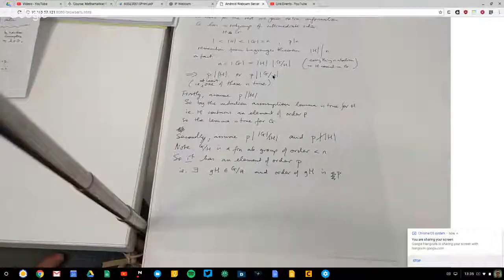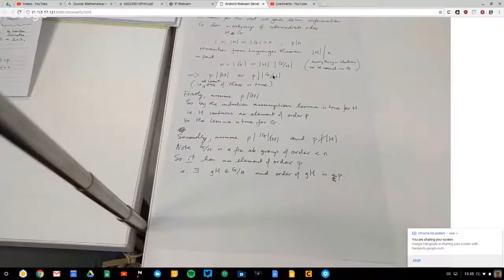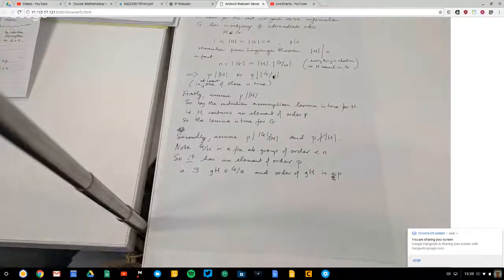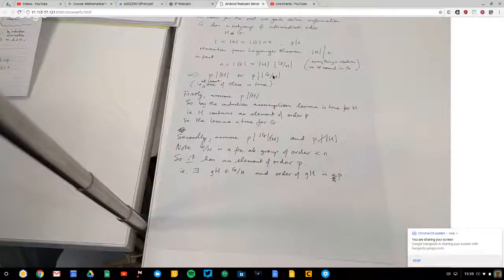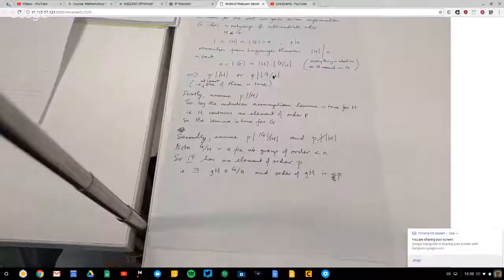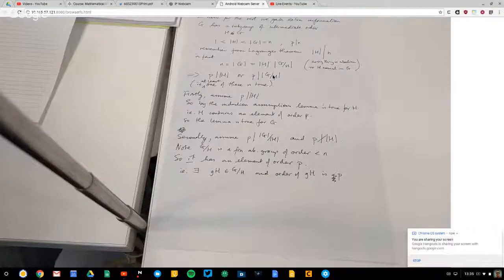Because we're applying the lemma. We assumed the induction hypothesis that the lemma was true for all smaller groups. So there's our element of order p. But now we want to zero in; we want to find an element of G of order p. So we need to do a little bit of work.